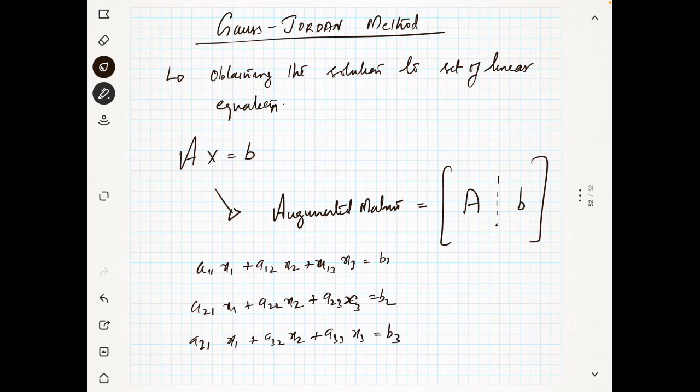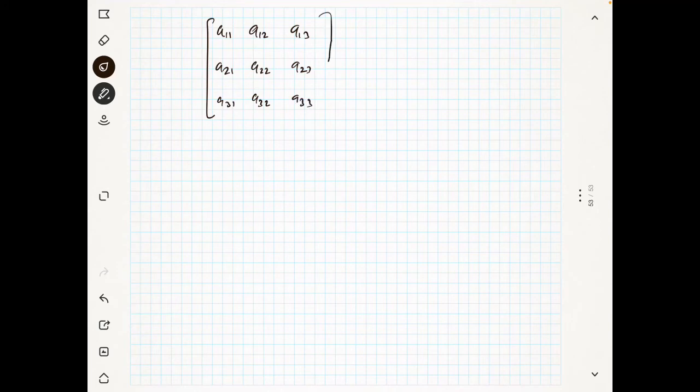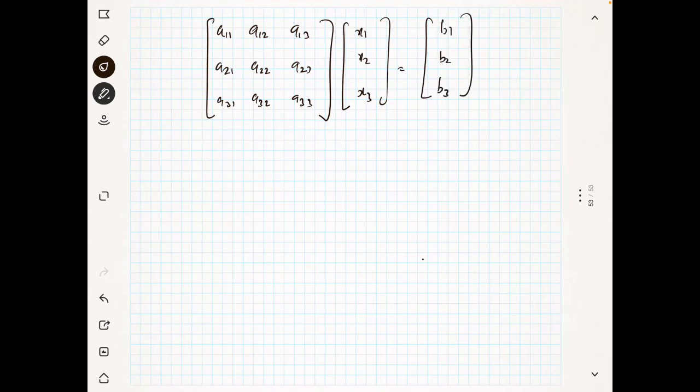Okay, now we have this one. Now we can write it in the matrix form: a11, a12, a13, a21, a22, a23, a31, a32, a33, into x1, x2 and x3, which is nothing but b1, b2 and b3. This is our equation.